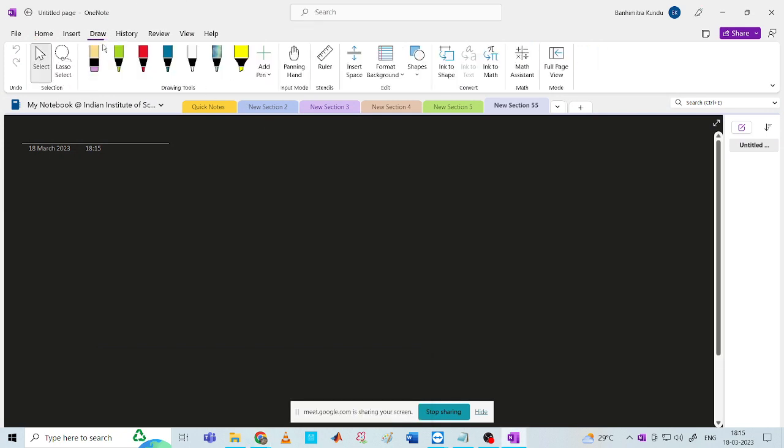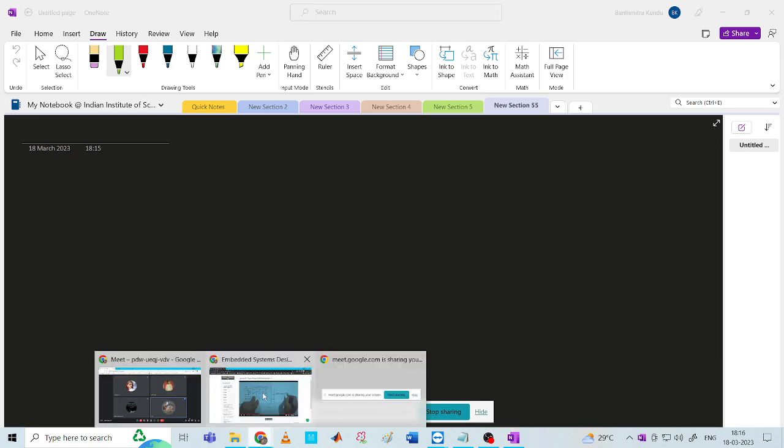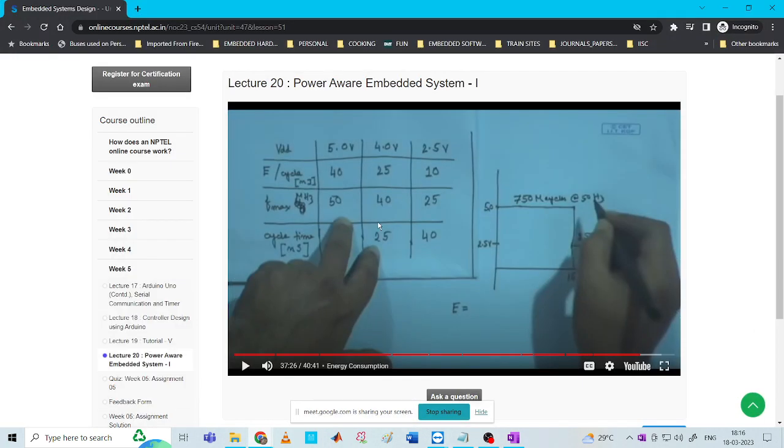So see, what it says is you have this table, right? This is what he has given. What we are interested in is understanding how much energy is consumed. When you have something like this, first you have to make a graph.